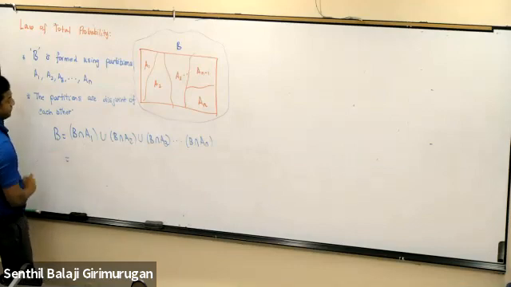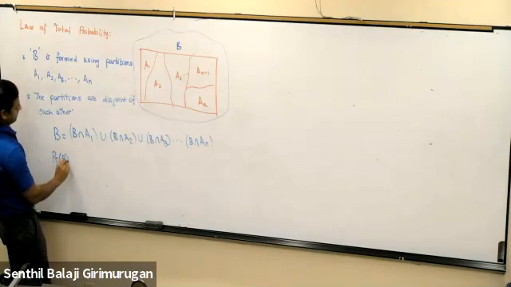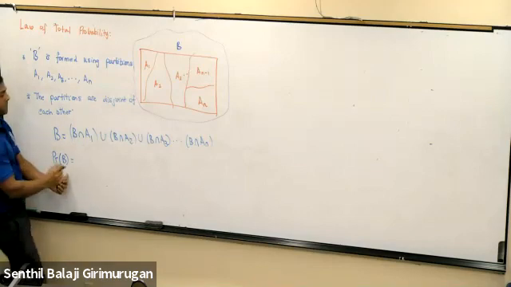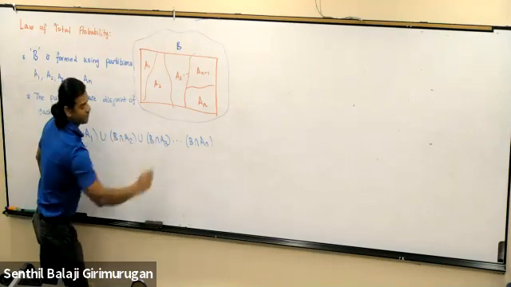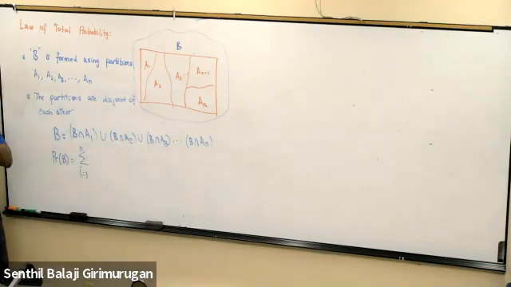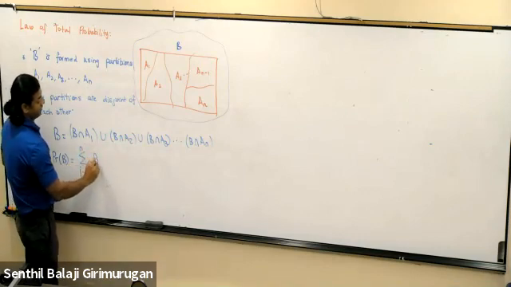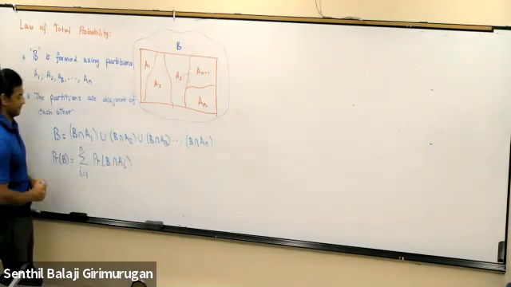So the probability of B would simply be the sum of all of those probabilities because they're disjoint. So I'll have the sum from I equals 1 to N of probability of B intersect AI.